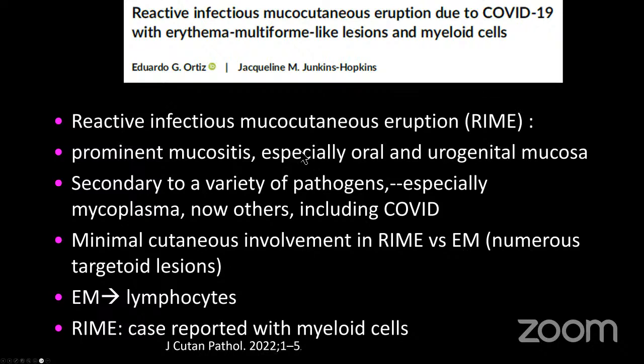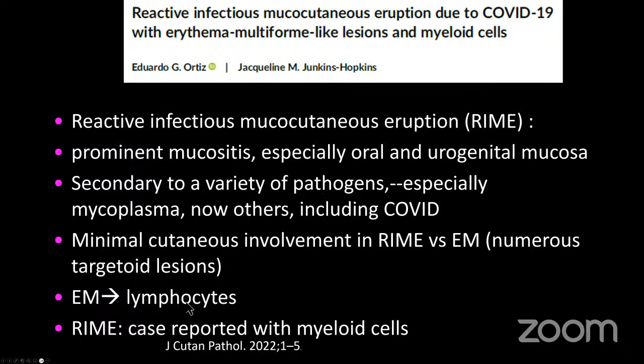And the difference with Lyme or reactive infectious mucocutaneous eruption, it used to be called MERM because it used to be due to mycoplasma, but now they expanded it to include other viruses, and so now it's called Lyme.